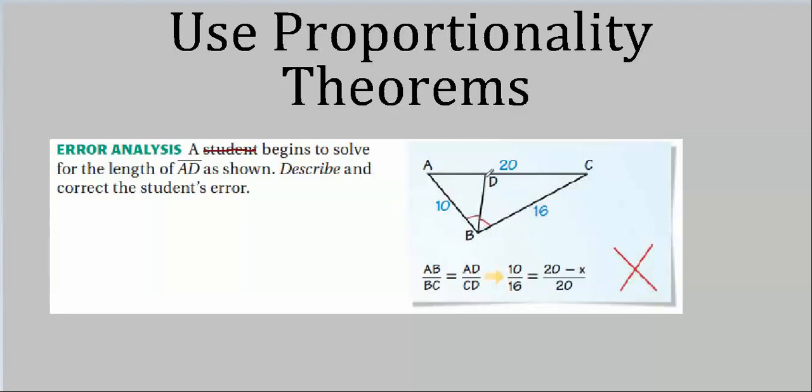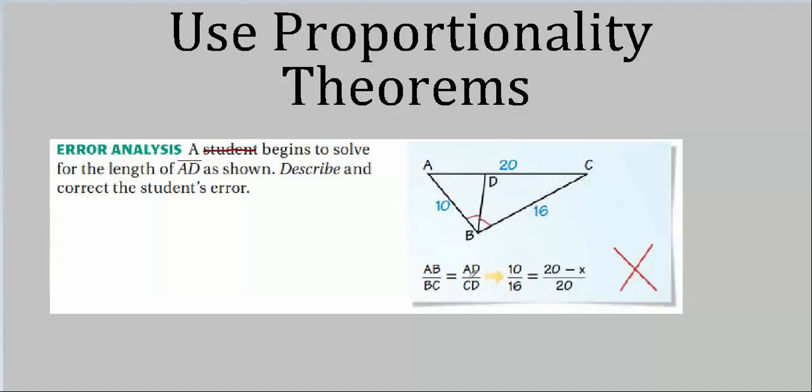So this is a bisector, and we just looked at the theorem, we didn't really prove it, that the angle bisector breaks up the opposite side into segments with exactly the same proportion as the 2 other sides. In other words, 10 over 16 should equal AD over 20, or totally generally, AB over BC should equal AD over DC.